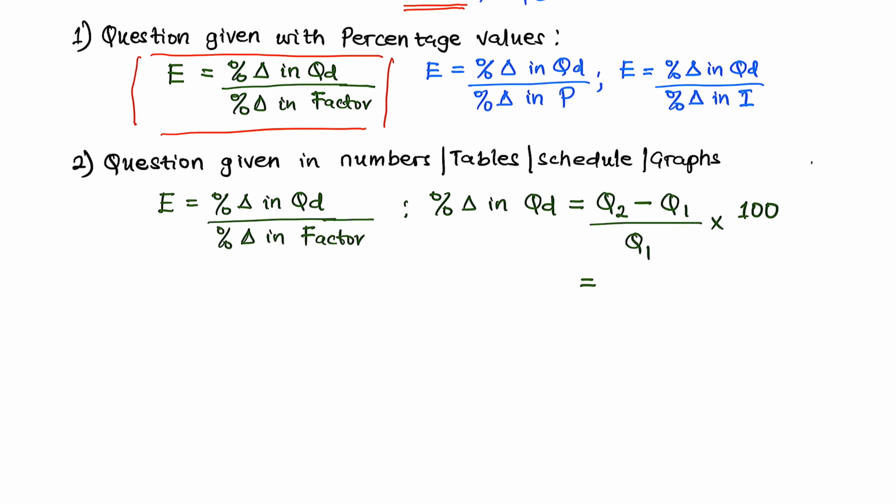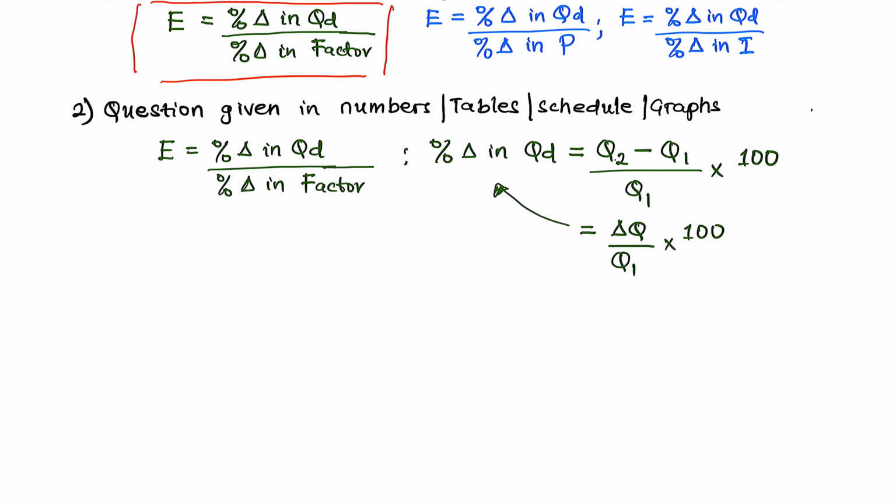In a more simplified form, the difference between the new value and the old value is the change in the variable, divided by the old value, multiplied by 100. This is a breakdown of the first part of the elasticity formula.